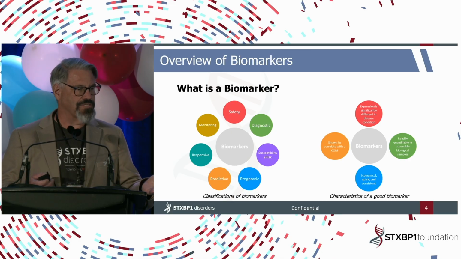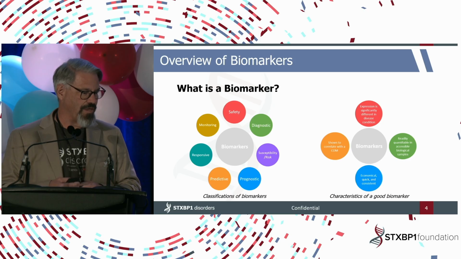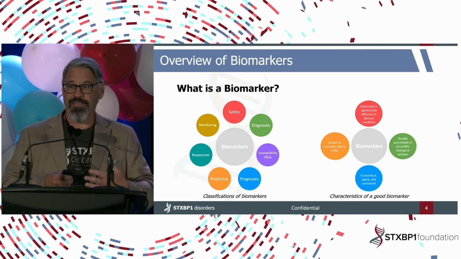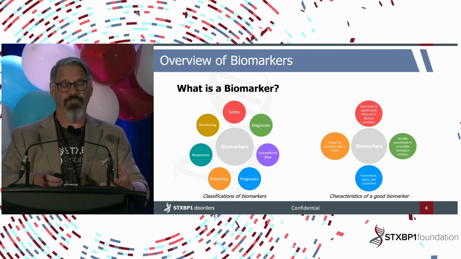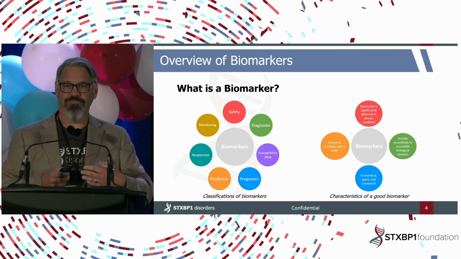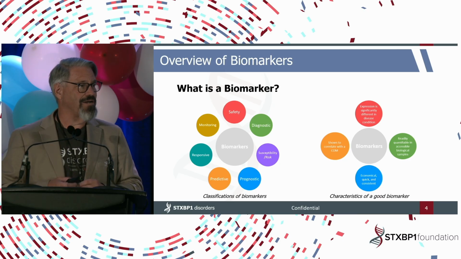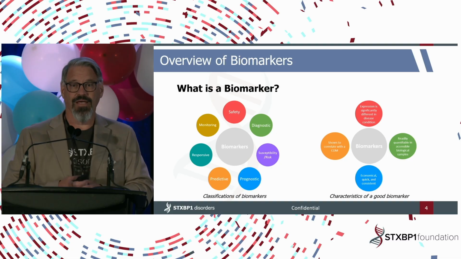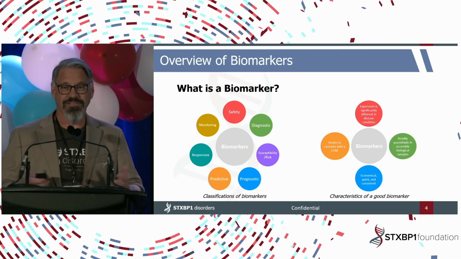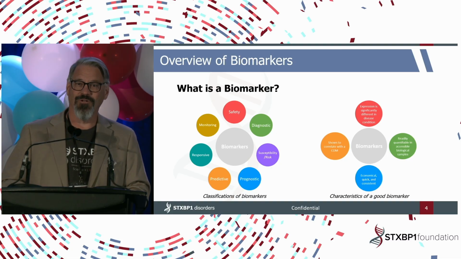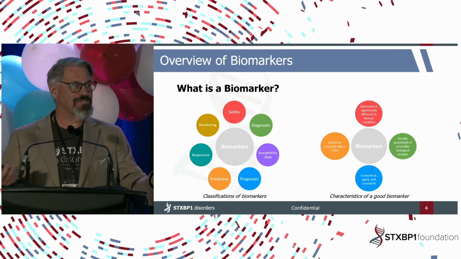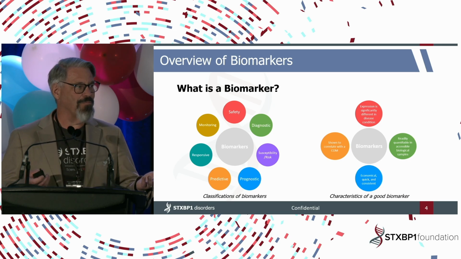Another good characteristic is that it's a biomarker you can readily quantify, and you have to quantify it in something you can readily access. Like blood. It might be a little painful, but you can collect blood from almost everybody, so you can look at biomarkers in blood.